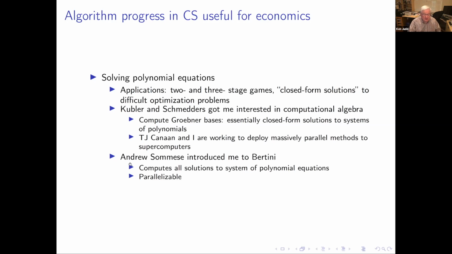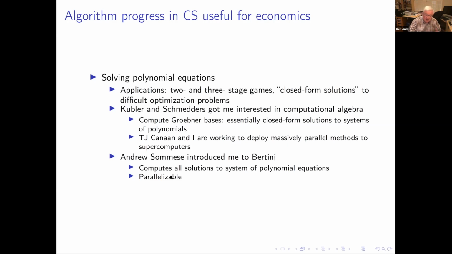Now, a mathematician at Notre Dame, Andrew Sommese, a long time ago I met him, and he introduced me to Bertini, which is software that will compute all the solutions numerically to a system of polynomial equations. And it also is parallelizable. So the Gröbner basis stuff is purely algebraic, very theoretical.